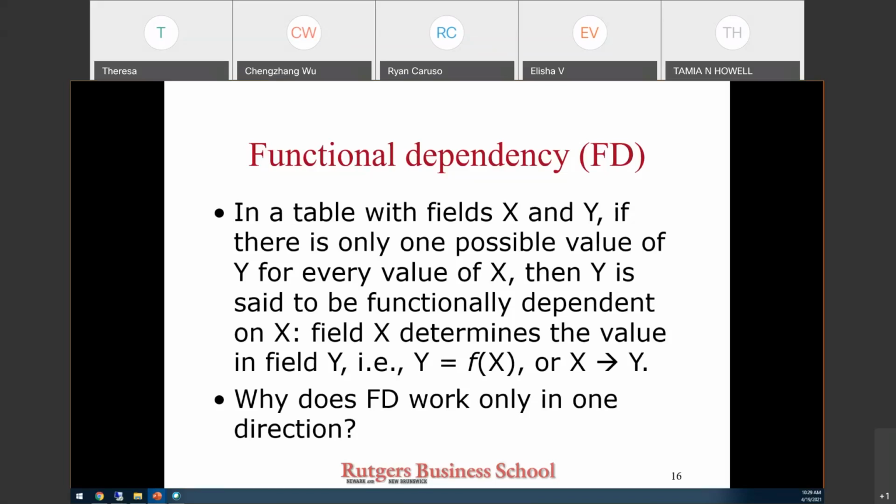In other words, the particular student will have only one name. So in this case, we can say that name is functionally dependent on student ID number.